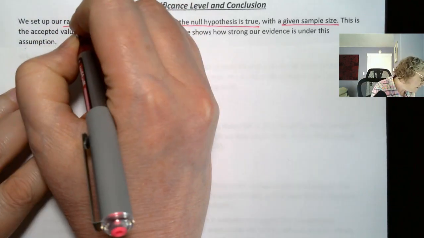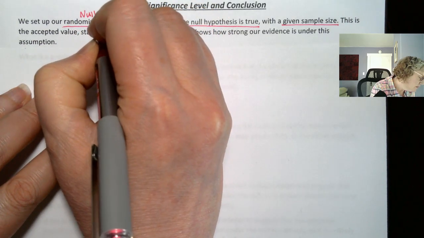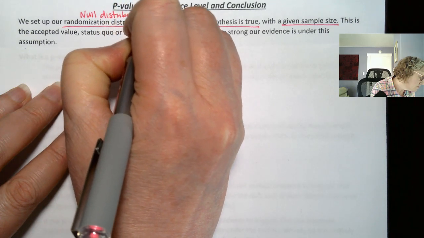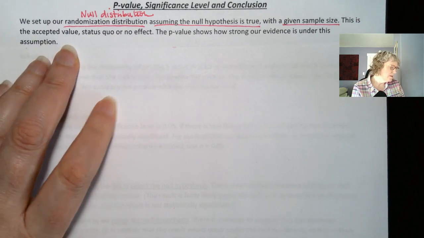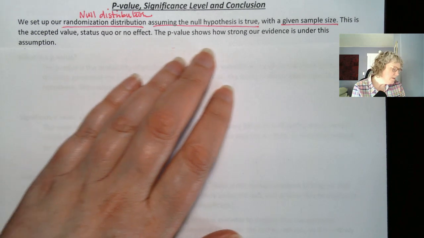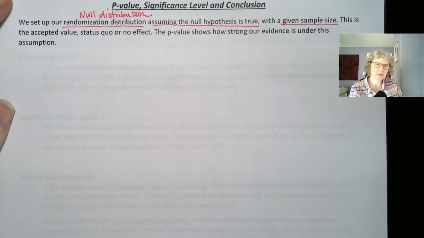Let me write that down. That's another way it's referred to. Null distribution. This null distribution is like the accepted value, status quo, or no effect, okay? And then the p-value shows how strong our evidence is under this assumption, okay?